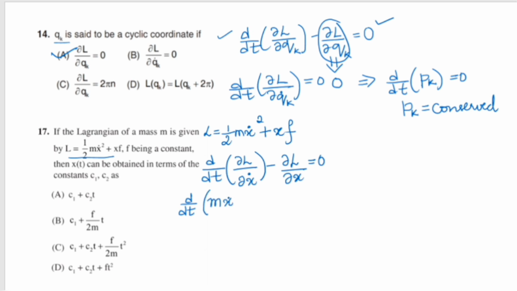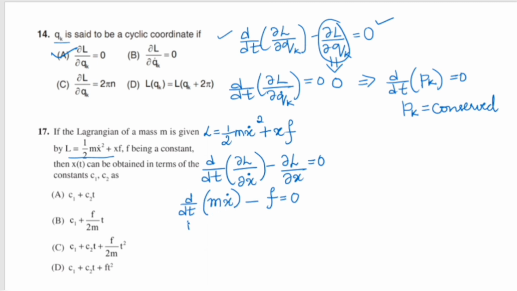What is remaining now? m into x dot will be remaining, minus partial derivative of the Lagrangian with respect to only x. x dot remains constant. What is left now? xF. Derivative of x is 1. So what is remaining? F is remaining. This is equal to 0. So it will be the total derivative of m x dot, right?